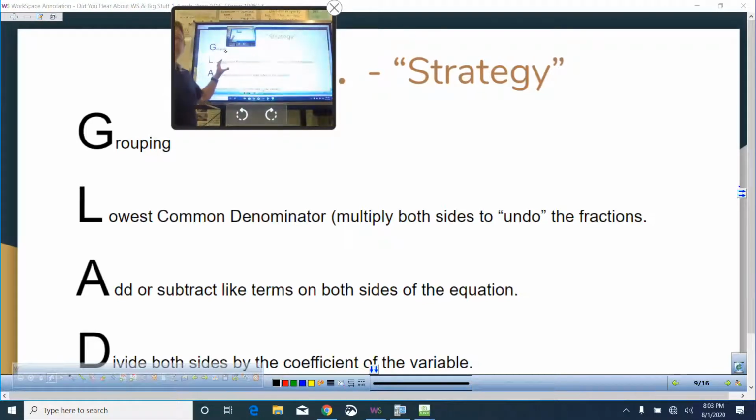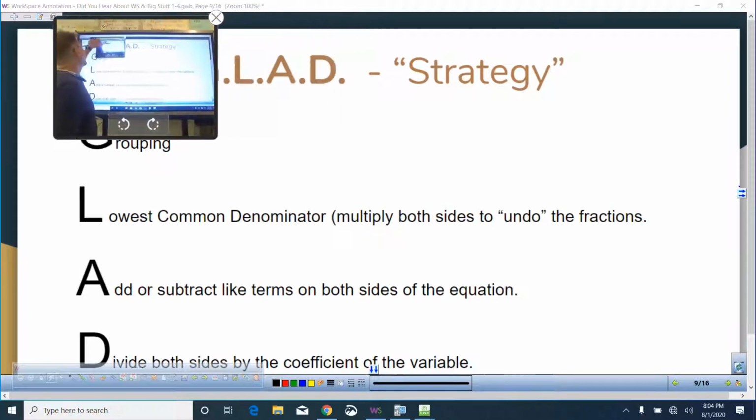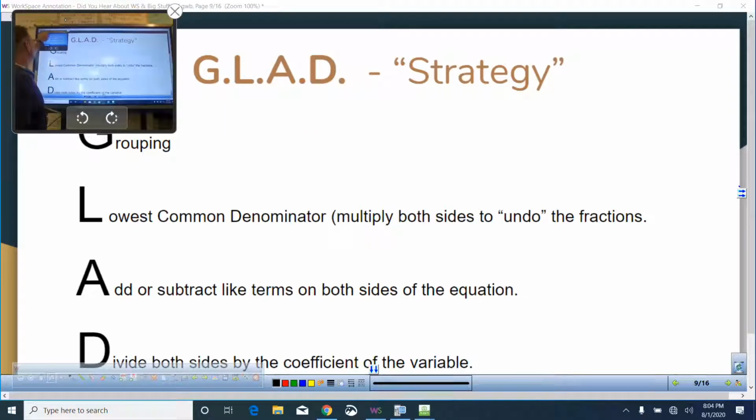If you got a fraction, we're going to multiply through by the least common denominator, clear the fraction, we call that, and then that should set you up for adding, subtracting, and then multiplying, dividing last. Pretty good strategy. It works a lot of the times for a lot of situations. So if you like having a kind of a step 1, 2, 3 thing, GLAD can be a good resource for you.